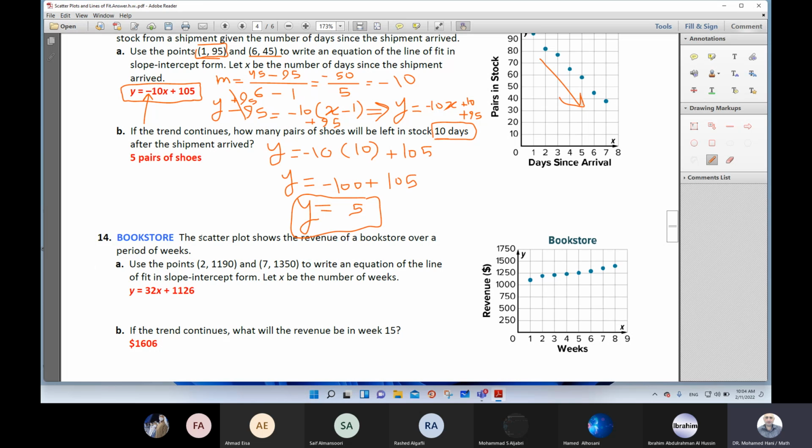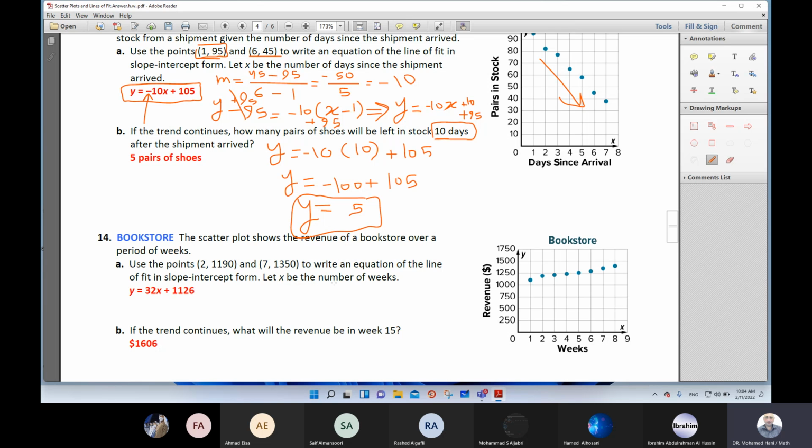In this example, the scatter plot shows the revenue of a bookstore over a period of weeks. Use the points (2, 1,190) and (7, 1,350) to write an equation of the line in slope-intercept form. Let x be the number of weeks.